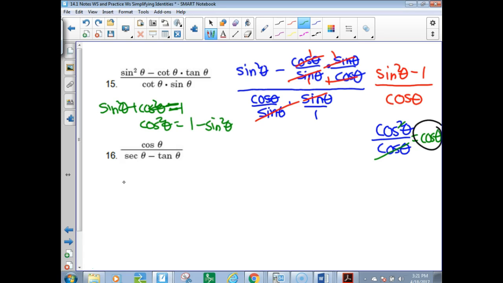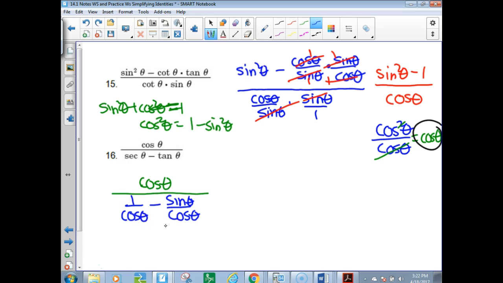Last one. Well, there's 2 more, right? What do you think? Can't really do anything with the top. But what can I do on the bottom? Trade secant for 1 over cosine. Trade tangent for sine over cosine.